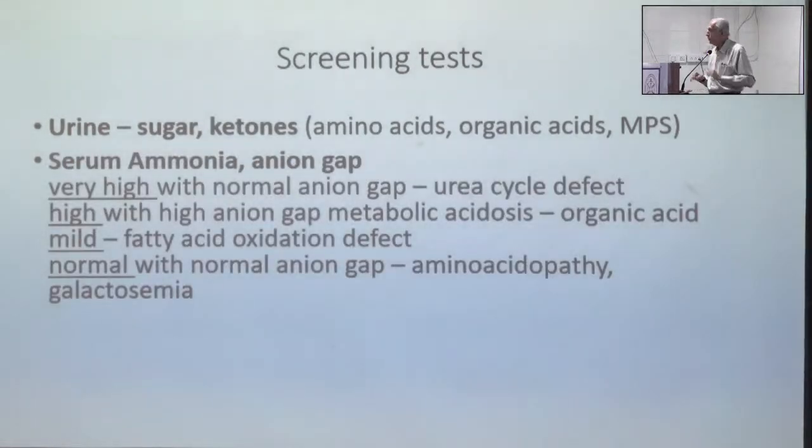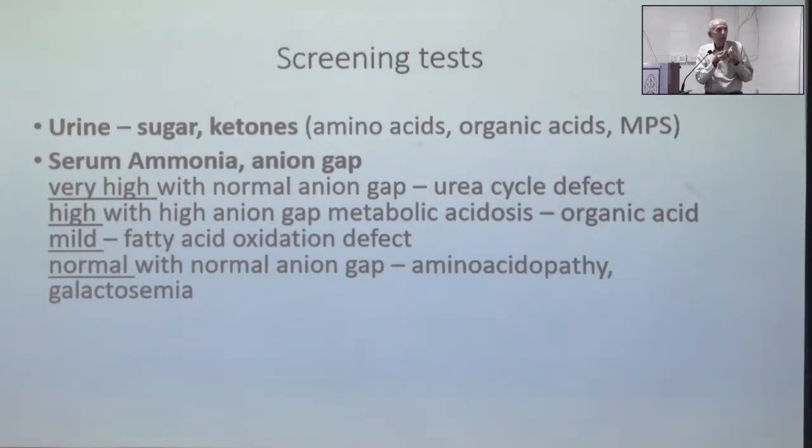Then I want to do serum ammonia. And along with ammonia, anion gap. Two together can differentiate many conditions. For example, if ammonia is very high and it's a normal anion gap, you are looking at a urea cycle defect. If ammonia is still high, may not be so high as in urea cycle, but pretty high, but anion gap is high with metabolic acidosis, you are really looking at an organic aciduria.